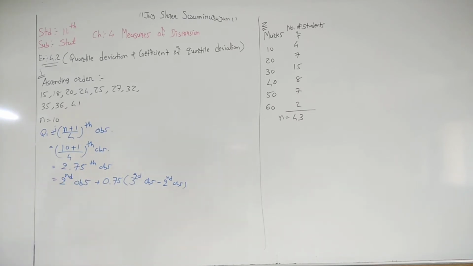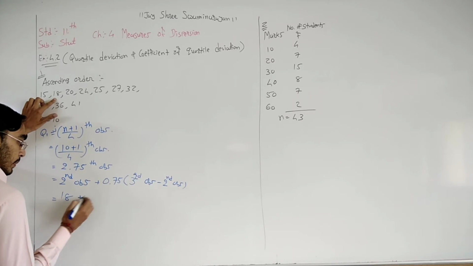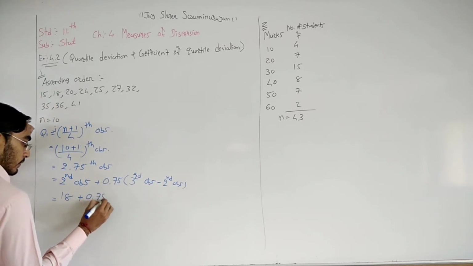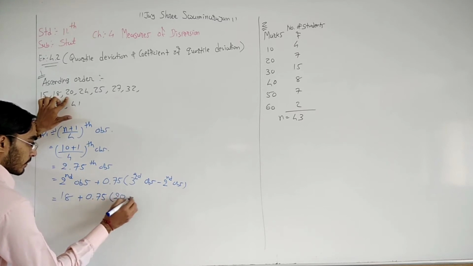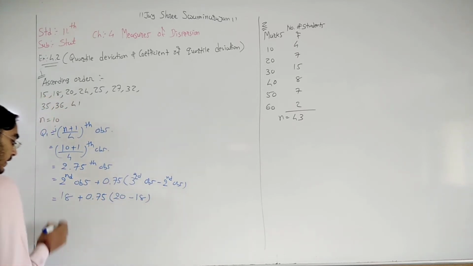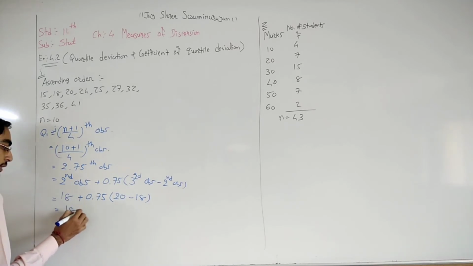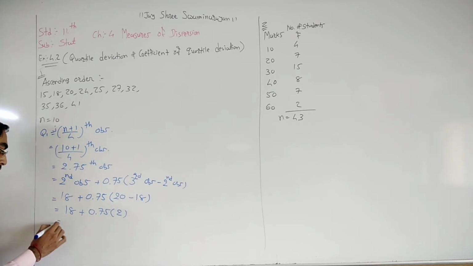Now second observation. So first and second, it is 18 plus 0.75. Now third observation, 1, 2, 3. Third observation 20 minus second observation 18. Okay, so 18 plus 0.75 times 20 minus 18, 2.